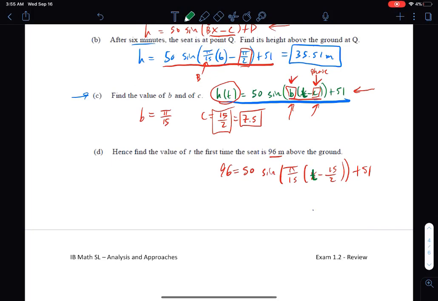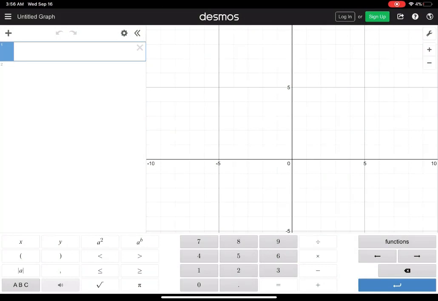So how do we solve that? We could solve it in a calculator if you had one, or if you don't have a graphing calculator like an Inspire, I can use Desmos. So what I'll do is graph the left side and the right side separately and figure out where they intersect. So let's see what happens. And here we go.